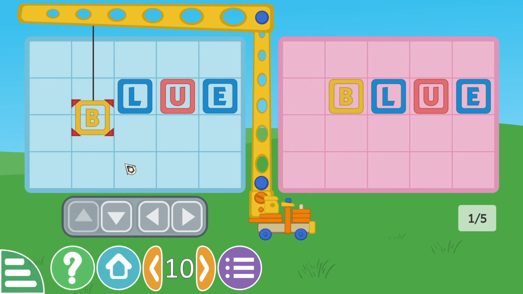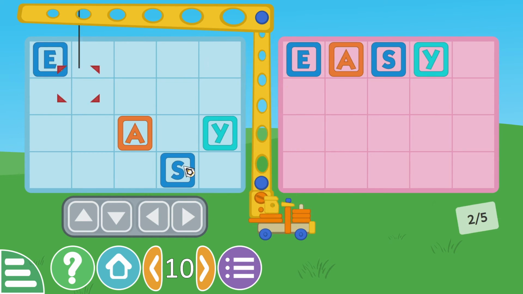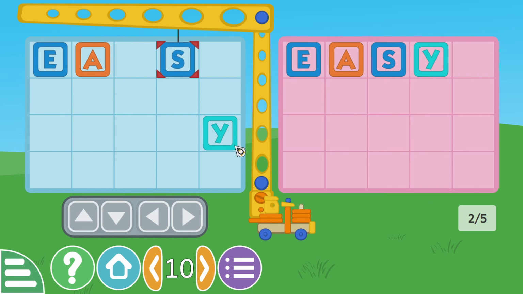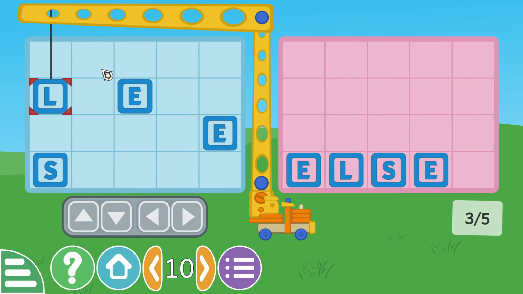So blue is a color of the ocean. Easy tasks are not difficult. They're not hard to accomplish at all.